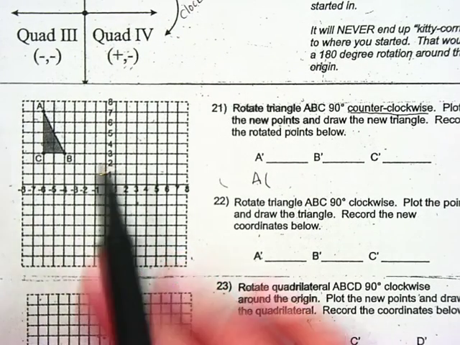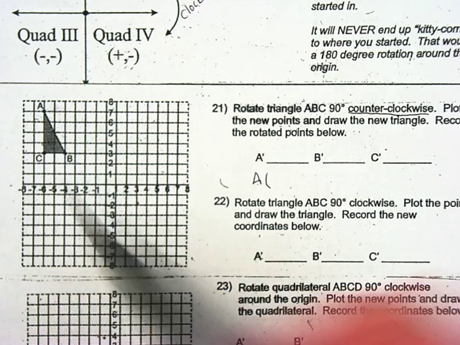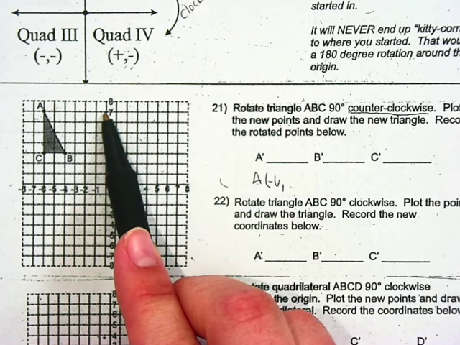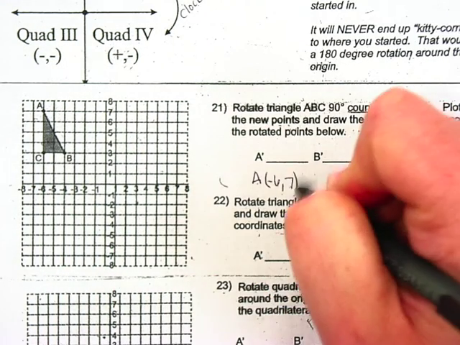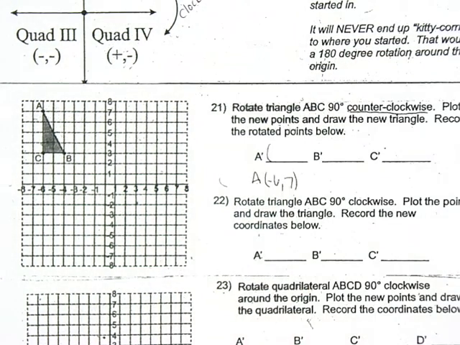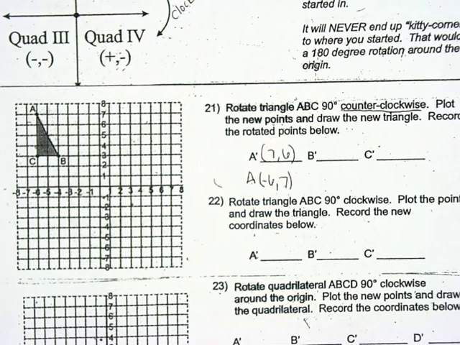There we go. So A is going to be at -6. Notice how it's right there, kind of lined up with A. And it's going to line up with a +7. So first thing we do is flip those. So for A prime, instead of going 6, 7, it's going to go 7 and then 6.